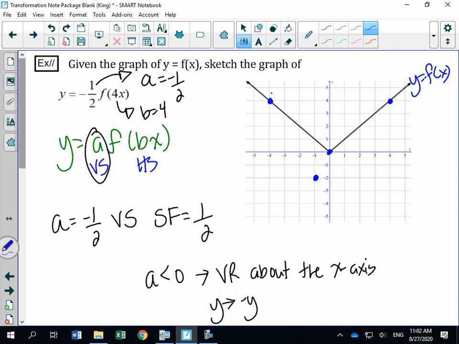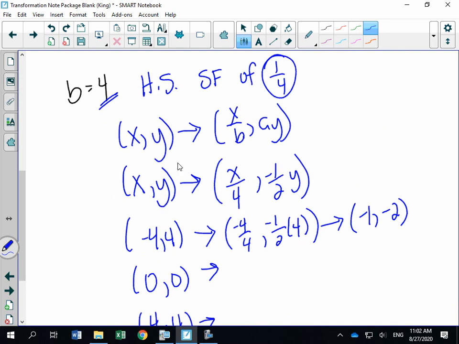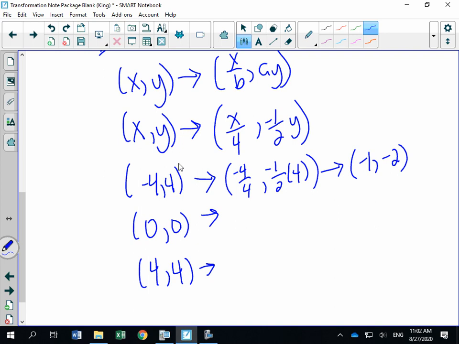So this point here is now this point here. Okay, 0, 0. So 0 divided by 4 is not going to change that coordinate. Negative 1/2 times 0 is not going to change that point either. So 0, 0 is going to be an invariant point.